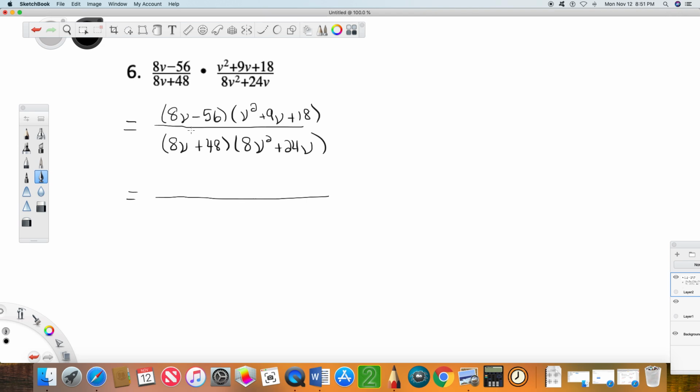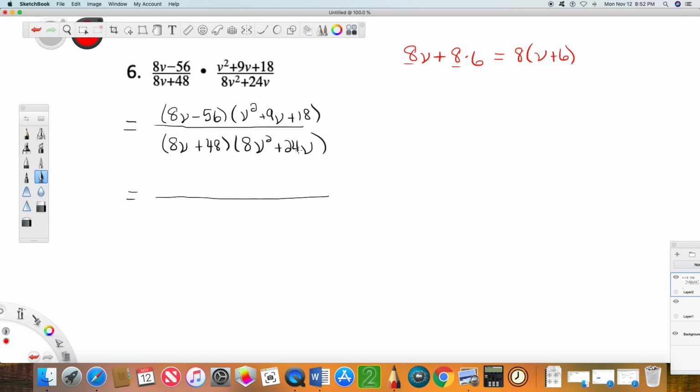So let's start with our denominator here, and let's look at 8v plus 48. But instead of writing 48, let's write it as 8 times 6. And now you can see that we have an 8 that's common to both terms. If we factor out that 8, we'll have 8 times v plus 6.